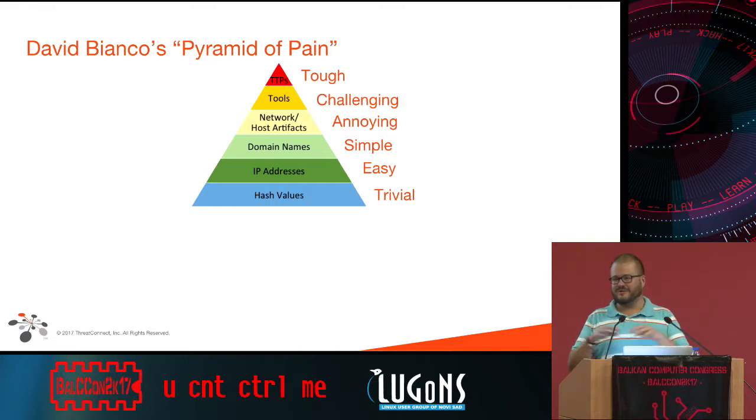So this is trivial, very, very easy to do. And also, from the adversary's perspective, the person who wrote the malware, this is the least annoying thing that you can do, because all they have to do is change the malware slightly, and it'll have a totally different hash. And so the hash values that you have before are no longer going to find that particular sample.